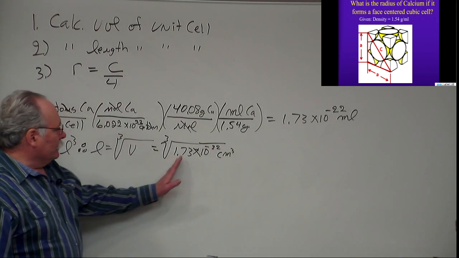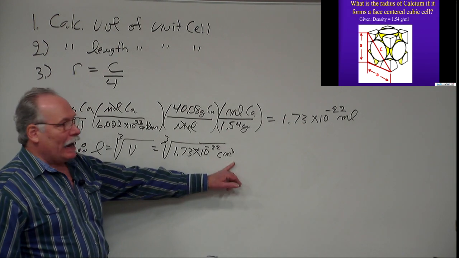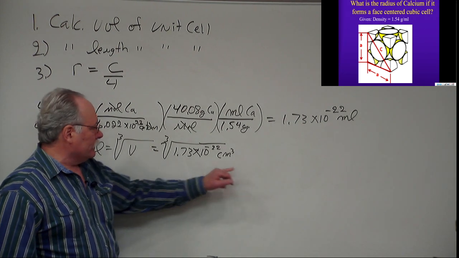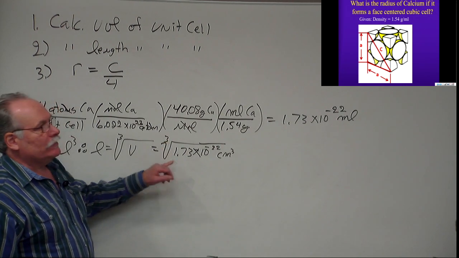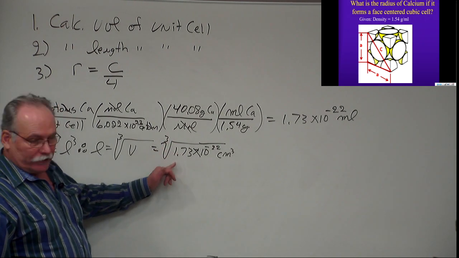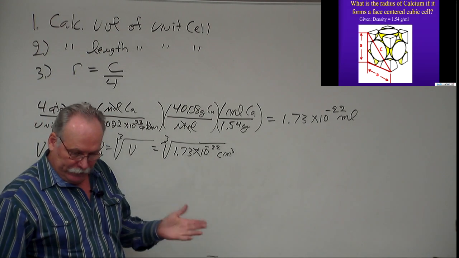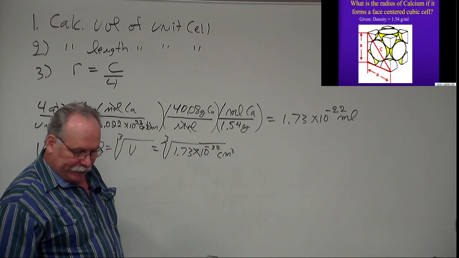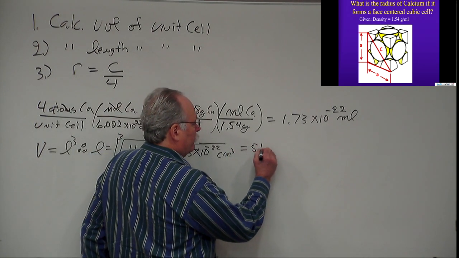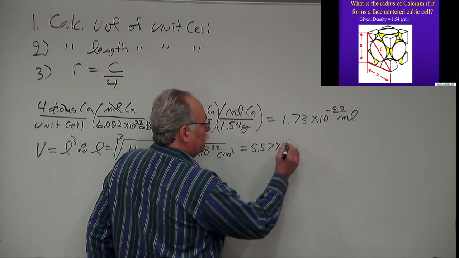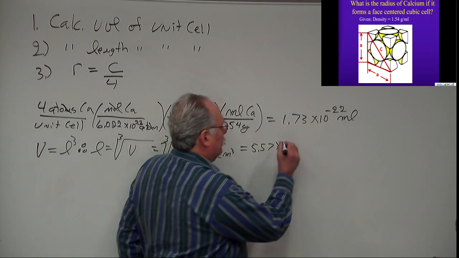Okay? What I usually do is I take this to the power of 0.3333 because it's faster on the calculator. Because the cube root is the power of 1/3, and 1/3 is 0.3333. And I get out my calculator and I get 5.57 times 10 to the minus 8 centimeters.